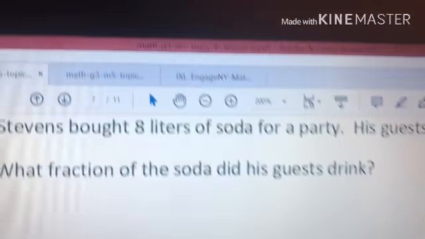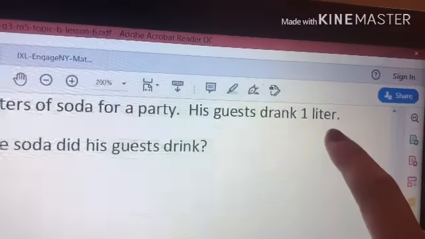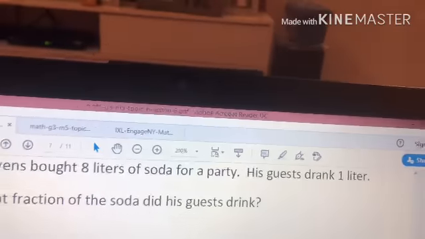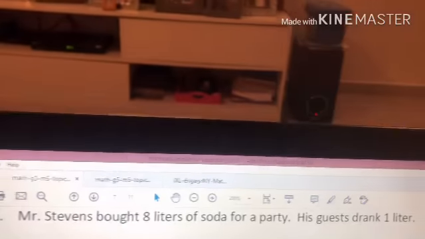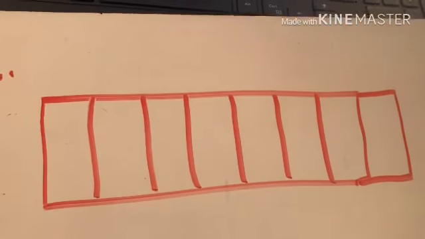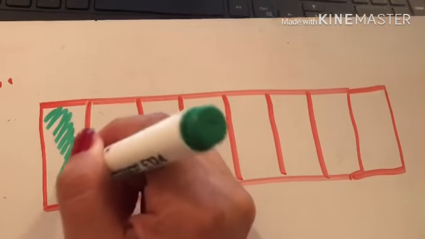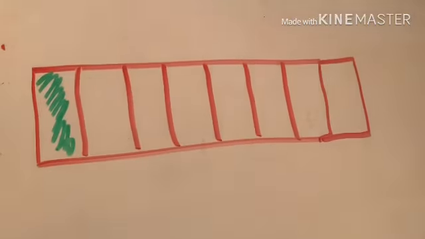Okay, and the question says, his guests drank 1 liter. So all the people that were at the party drank 1 liter. So I'm going to shade how many parts right here? Only 1 part, because it will represent 1 liter.